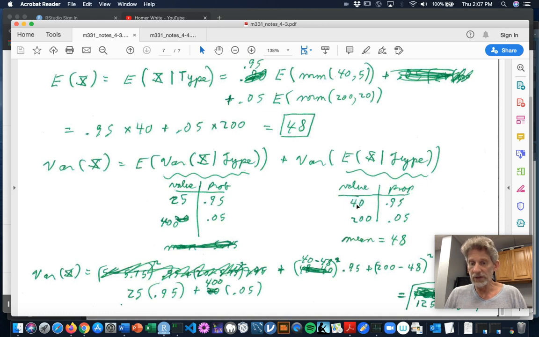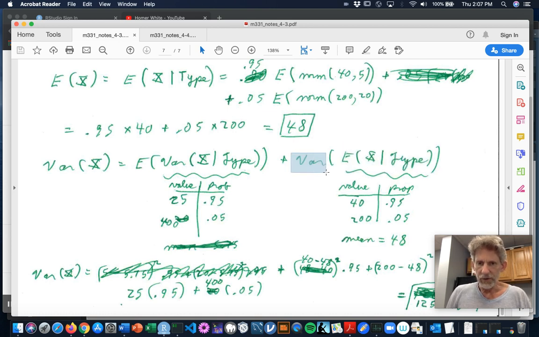It's 40 inches, with a 95% chance of that happening. Suppose you're an Ent. Well, that would be 200, and there's a 5% chance that your type is going to be an Ent when you're randomly picked for each height. So this is the probability mass function for this discrete random variable.